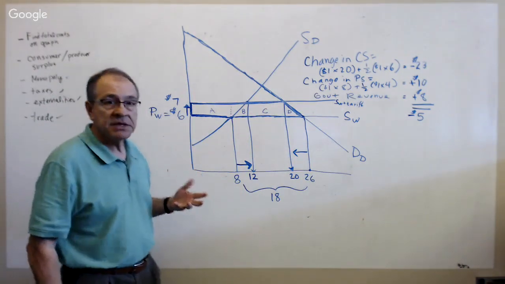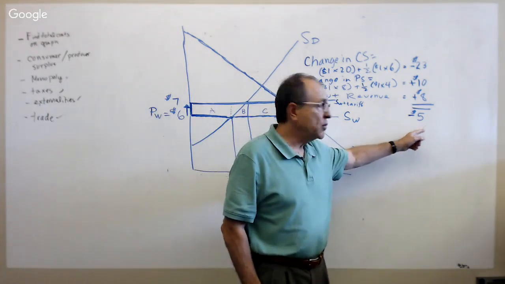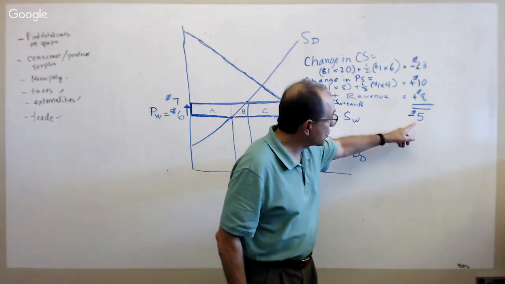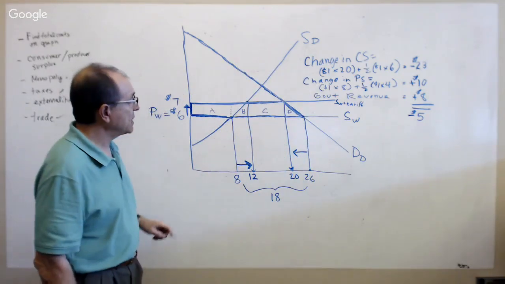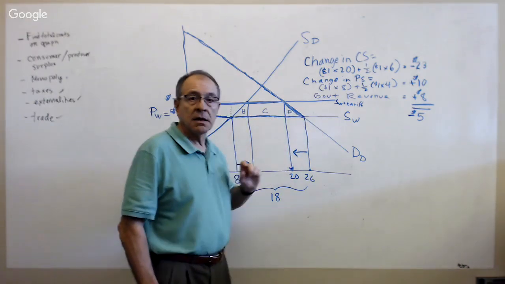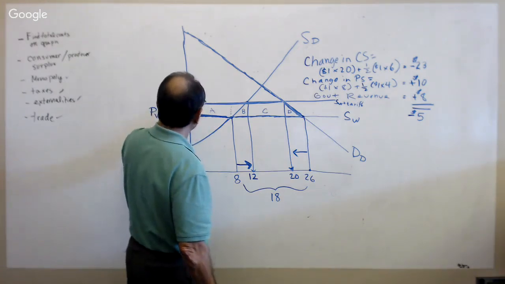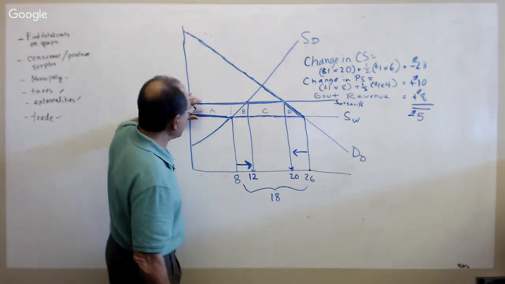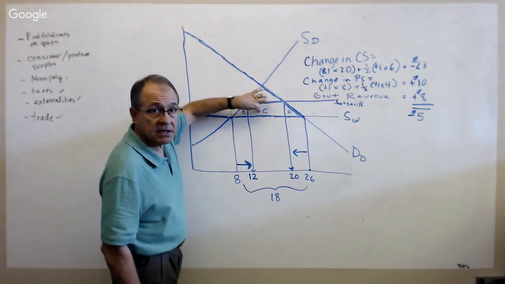In the limited time that's left, I want to break out why the nation is poor as a result of this tariff. What comprises this $5? The $5 is made up of areas B and D. Remember, consumers lose this entire area here, but area A is collected by producers and area C is collected by the government.